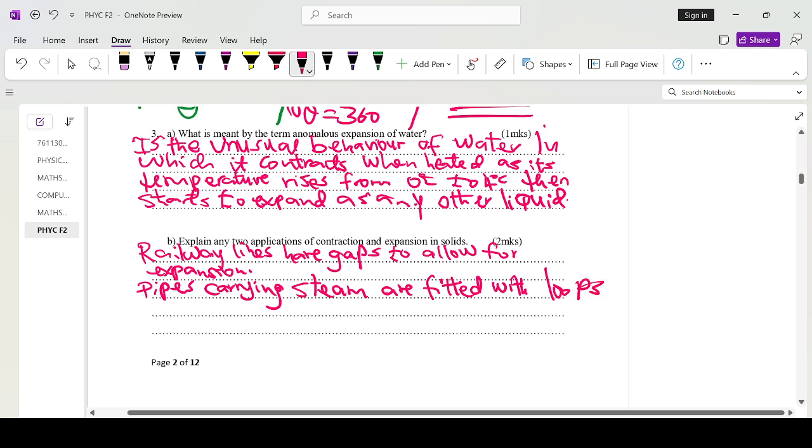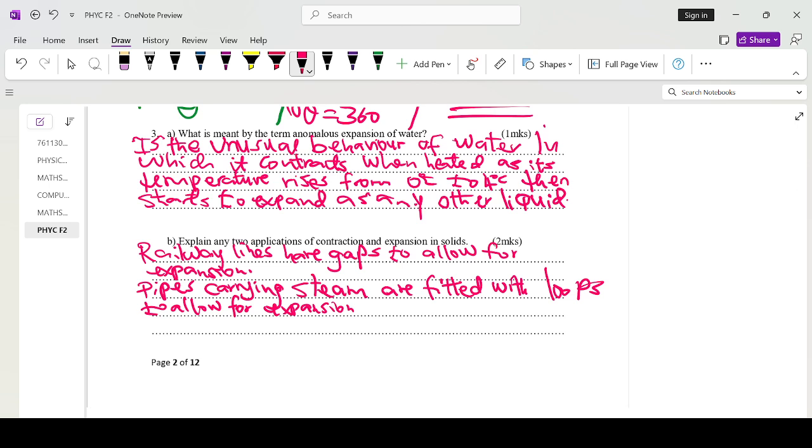Pipes carrying steam are fitted with loops to allow for expansion when steam passes through them.